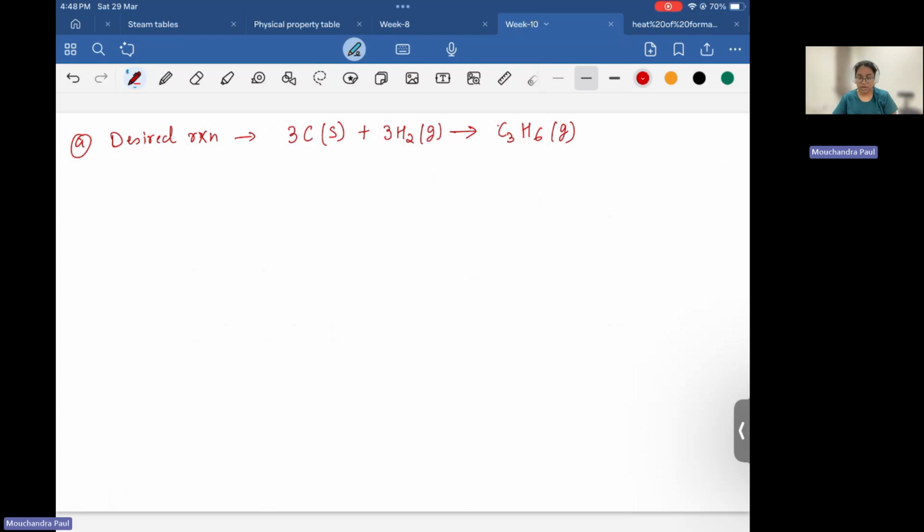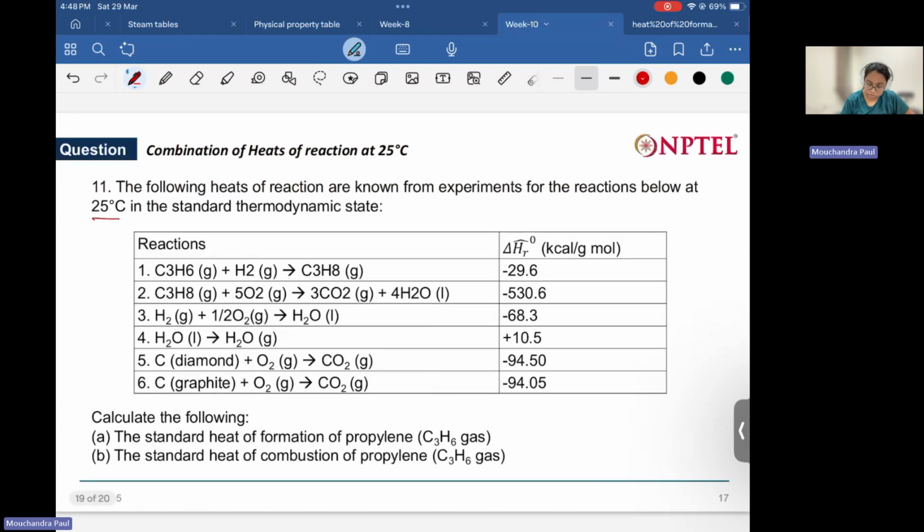Okay, this is the desired reaction. If you get the heat of reaction for this, this will give you the heat of formation, which is correspondingly equal to the heat of formation of propylene. So in order to get this expression, we have to use the reactions that are given to us. Basically, we have to apply Hess's law here.